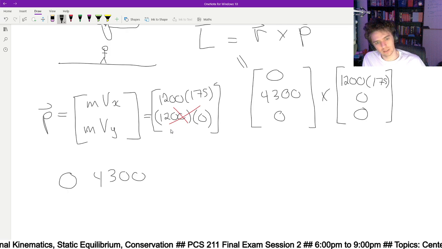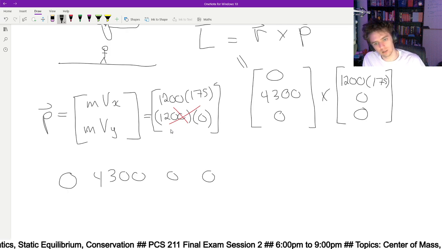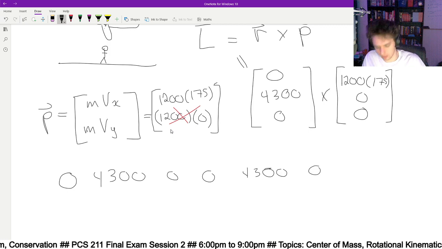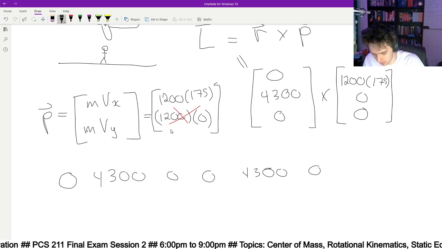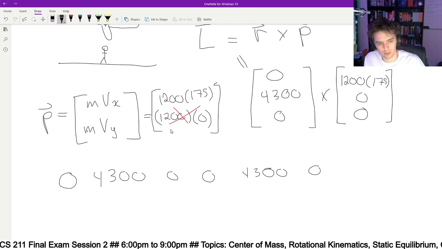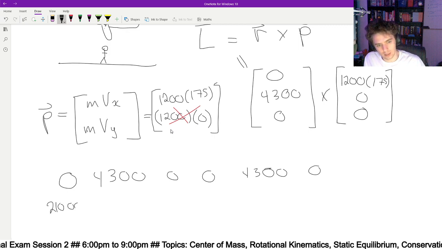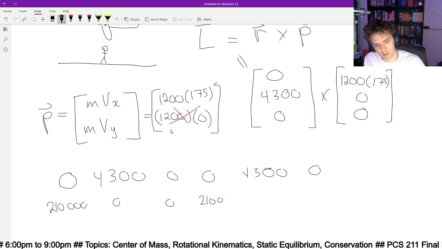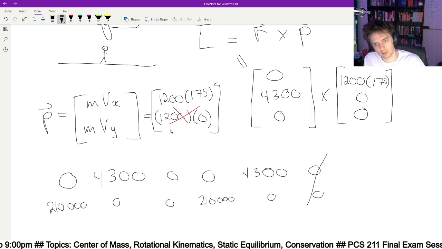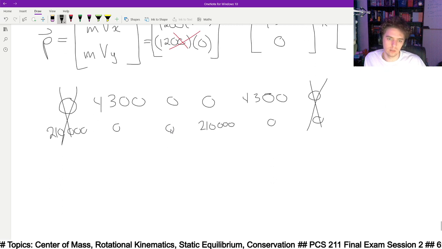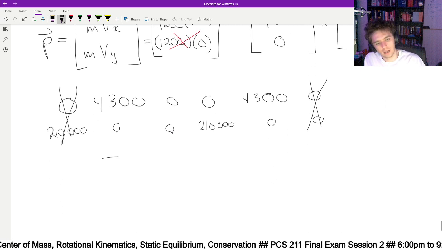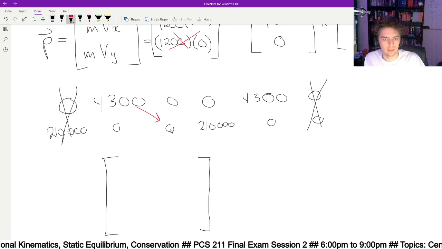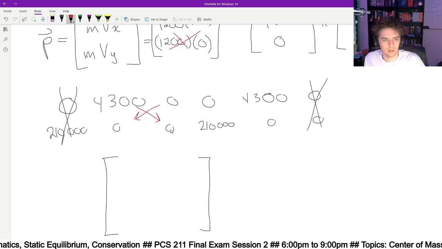So 4,300, 0, 0, and 0, 0, 0. I'll do that multiplication. 1,200 times 175 is 210,000, 0, 0. Cross out the first and last rows or columns, and let's put it together.